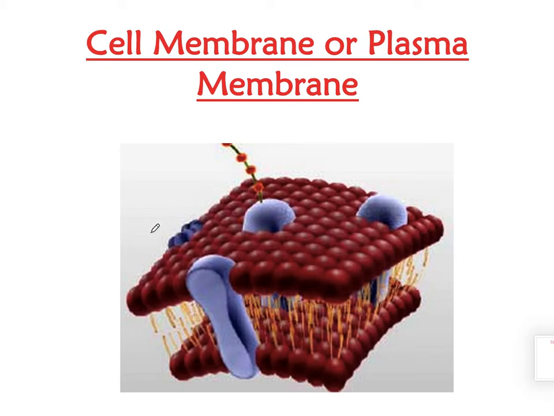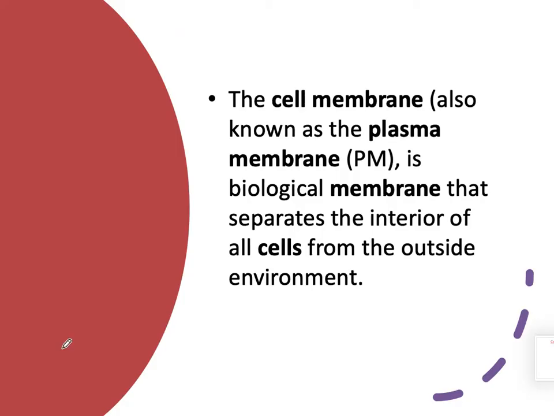Now this plasma membrane is a unique structure which is actually making your cell a fundamental unit of life, because this plasma membrane is responsible for separating the interior of the cell from the outside environment, right? So it is basically making a covering outside your cell in which all your small entities are kept.